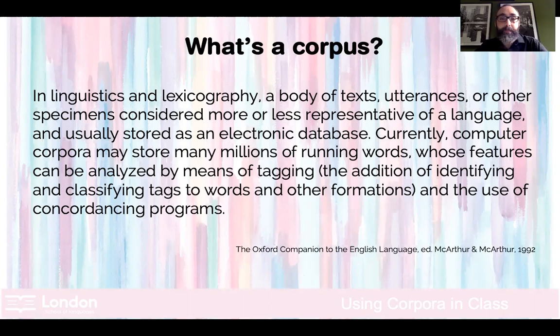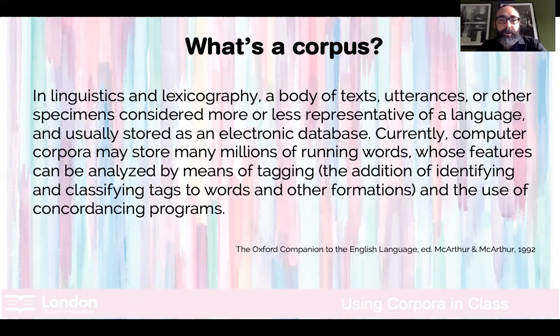So it's basically a collection of words, phrases, texts, etc., taken from many different sources, and all of them put in a computer so that we can use them with the program.